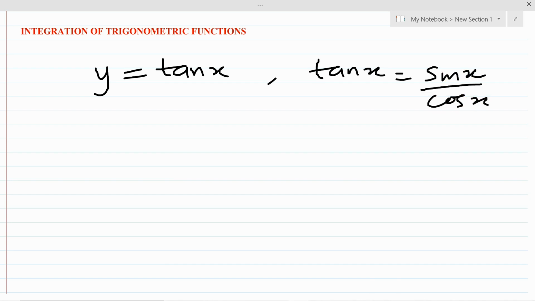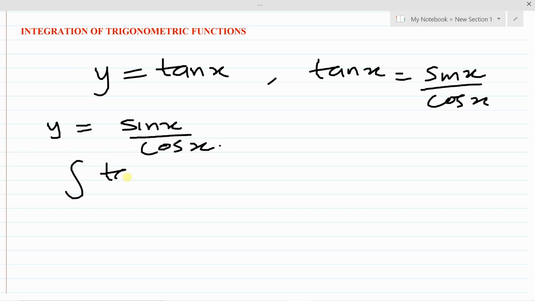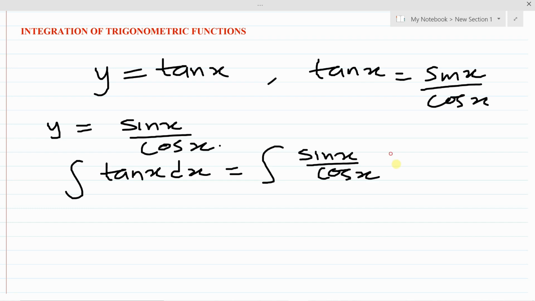Then y is the same as sine x over cos x. Here we apply what we call the substitution rule. So the integral of y, which is tan x dx, is the same as the integral of sine of x over cos x dx.